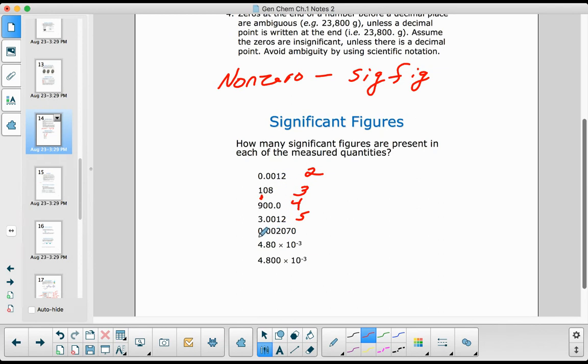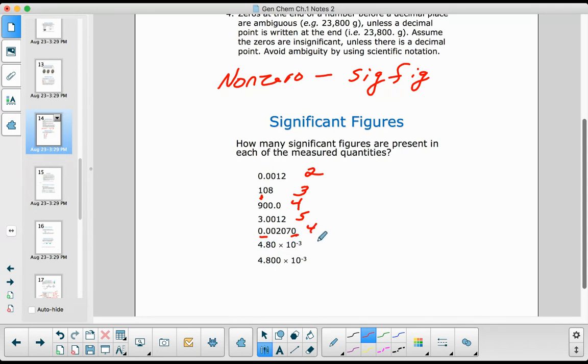These zeros are not significant, so I would not count those. There's a non-zero, there's a non-zero, there's a 0 in between. Now I have a 0 that follows. Any 0 that follows a non-zero digit and follows a decimal point becomes significant. So this example has 4 significant figures.